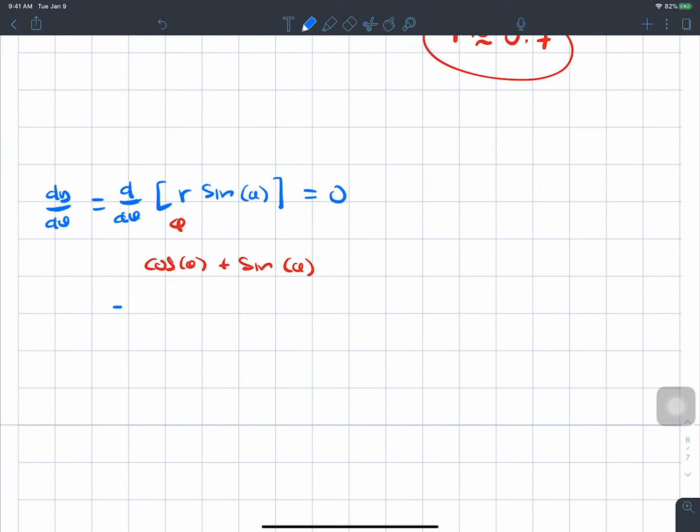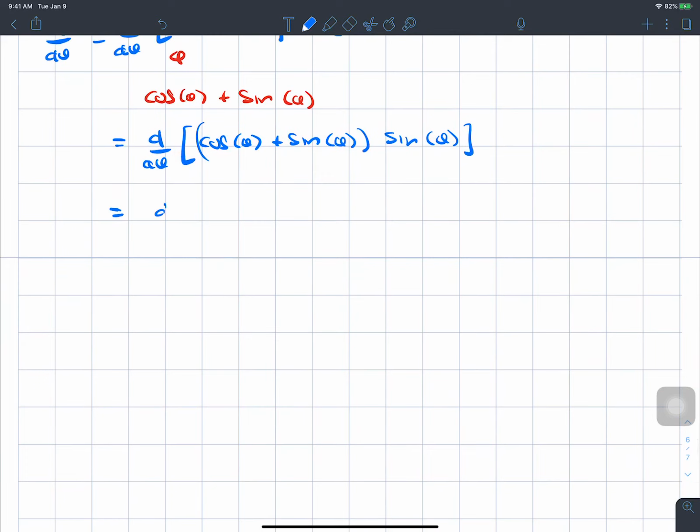And we end up with d theta of cosine theta plus sine theta, and that's going to be multiplied with the sine theta. So I get d theta of cosine theta sine theta plus sine squared theta.